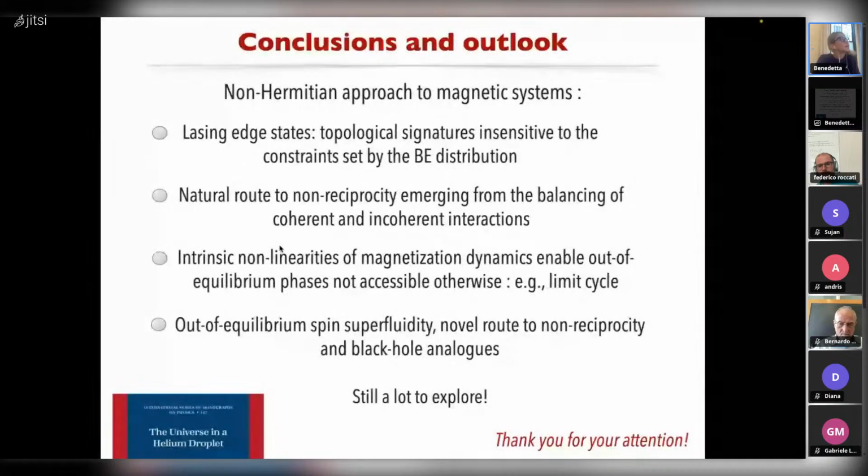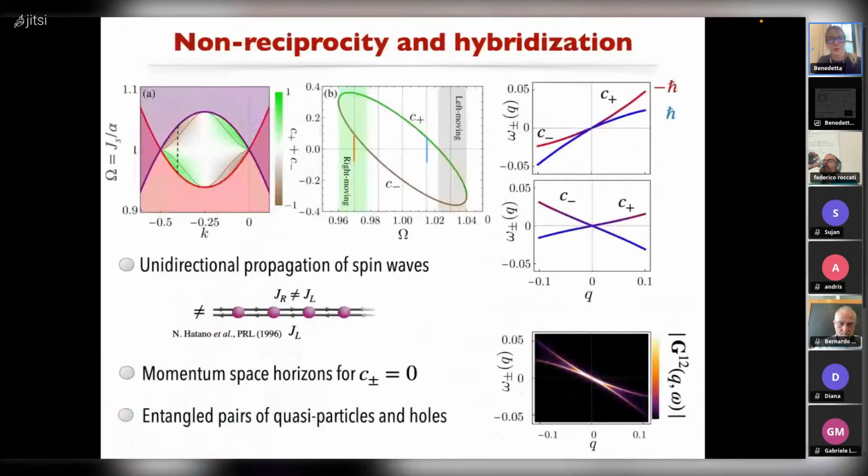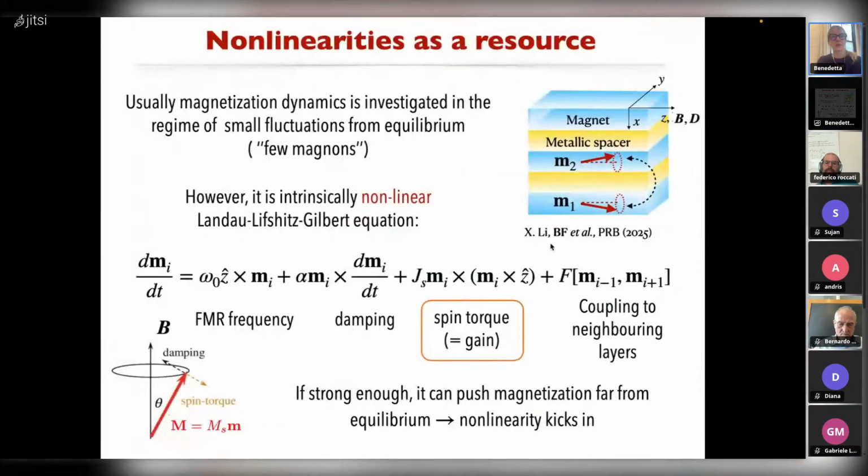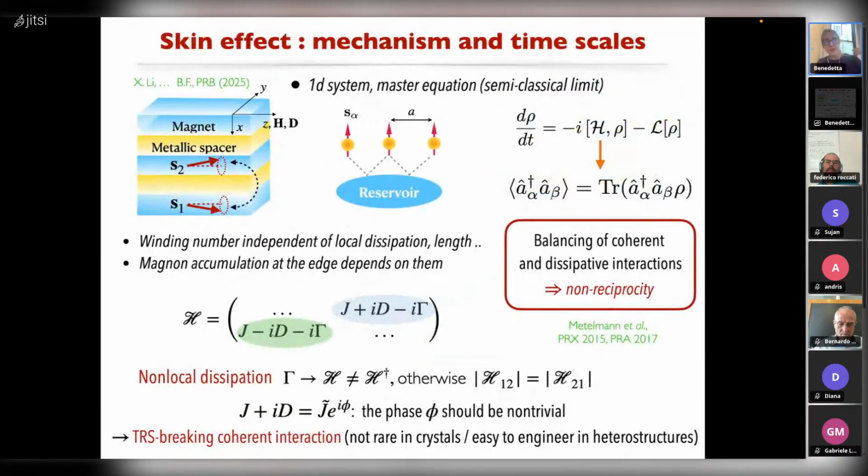So I guess, okay, maybe just starting from the beginning of your question. When I'm talking about this project, this non-reciprocity due to the non-Hermitian skin effect just happens naturally. There is no local dissipation; the dissipation is mediated by the metallic spacers because of the spin pumping, and so I need non-local dissipation.